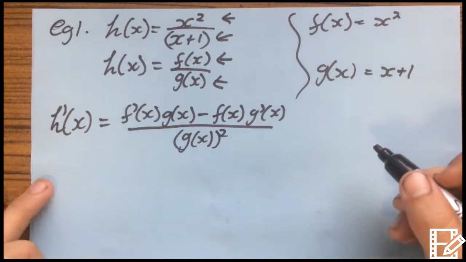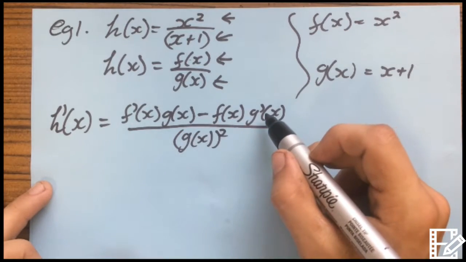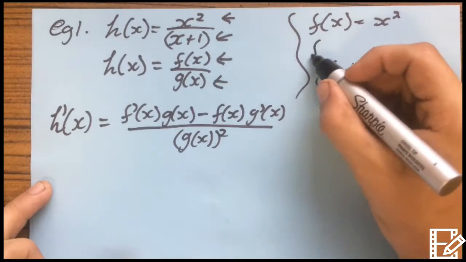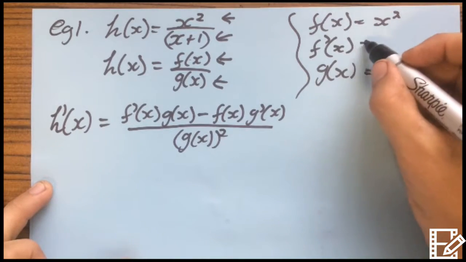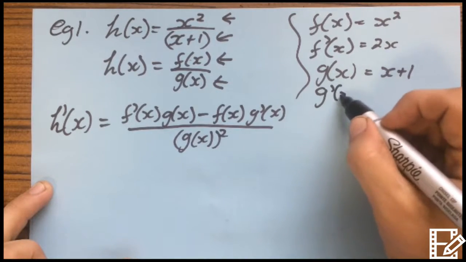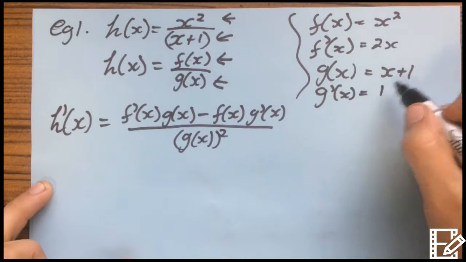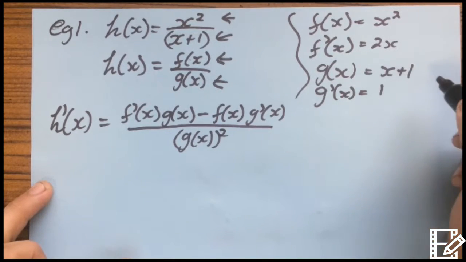So, what it says here is that we need to find the derivative of f(x) and the derivative of g(x). So, the derivative of f(x) is 2x, and the derivative of g(x) is just 1, because the 1 goes away and the derivative of x is just 1 anyway.